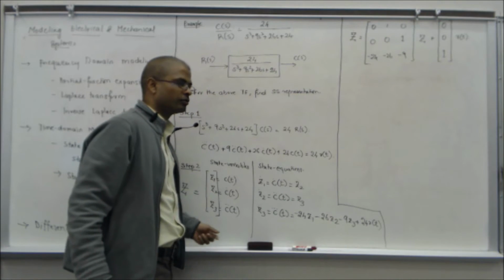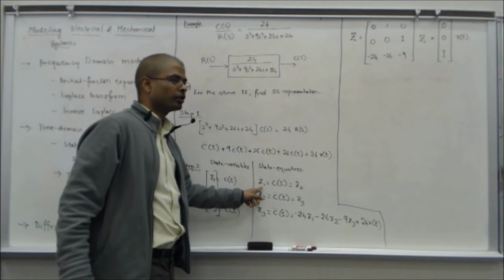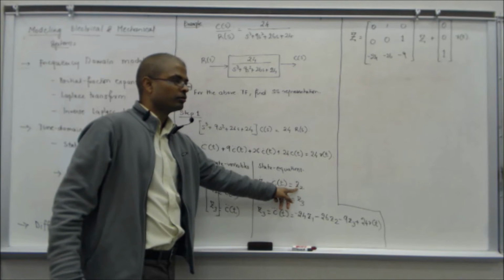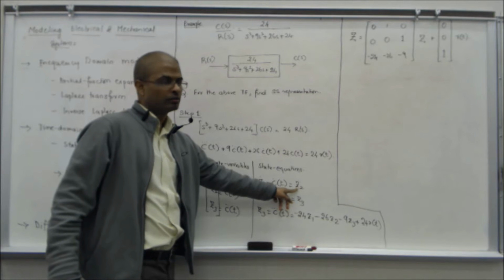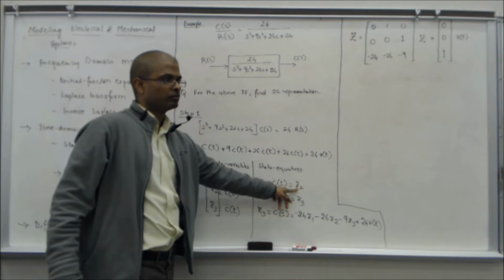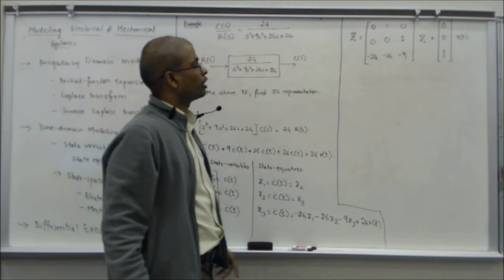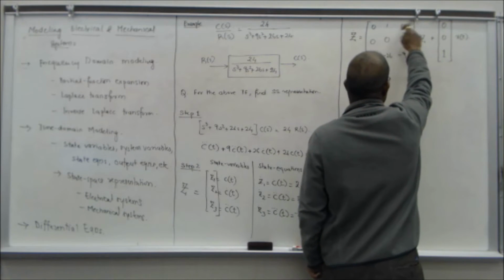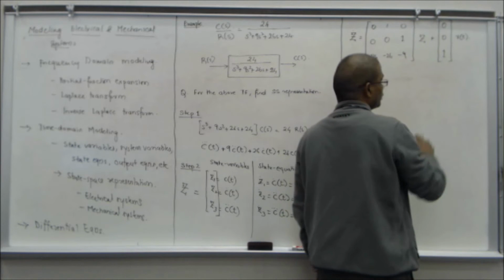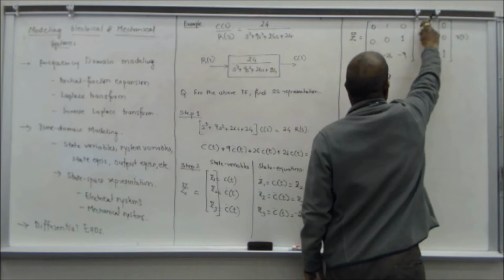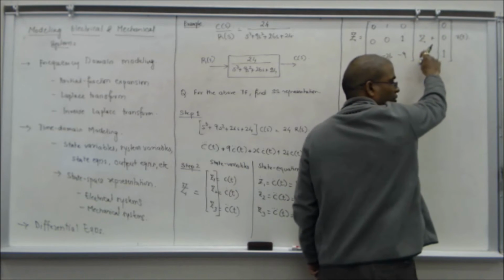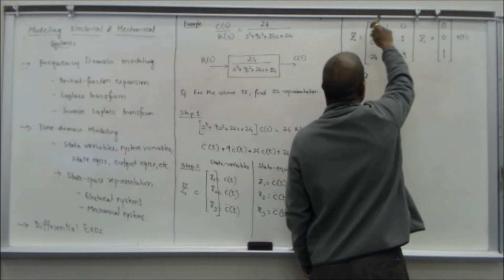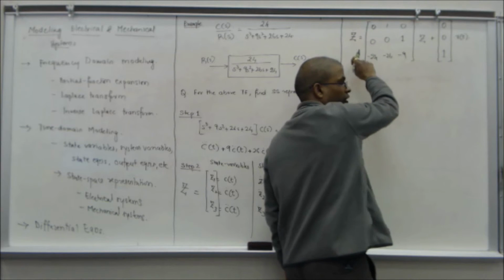Z1 dot is what? Z2. How do you multiply matrices? You multiply this row into this column. So your column is Z1, Z2, Z3. If you want Z2 in this, because here it is Z1 dot, Z2 dot, Z3 dot.